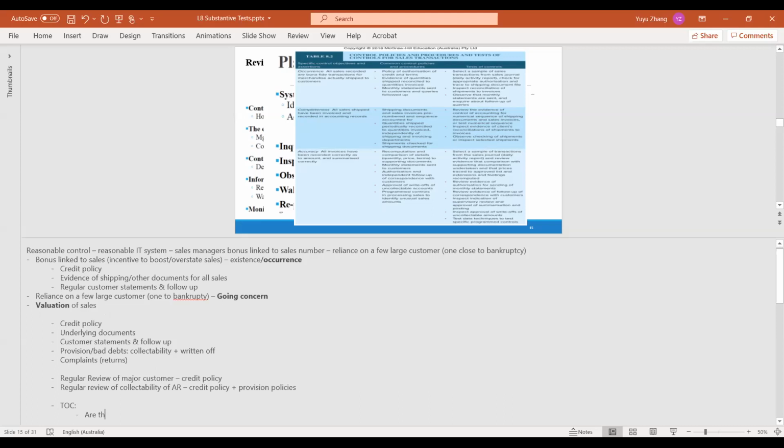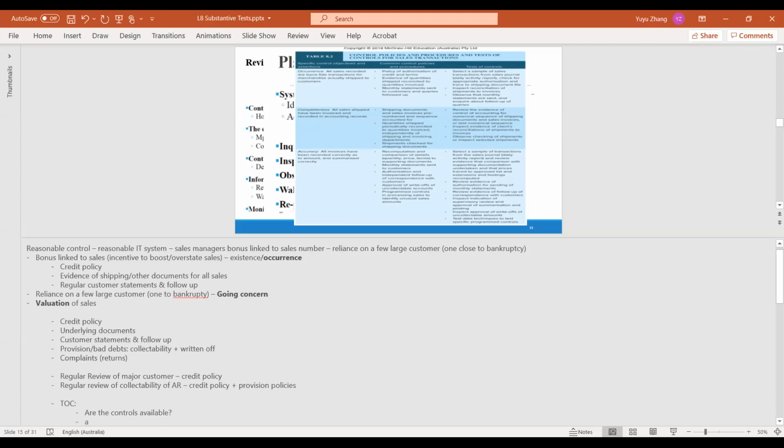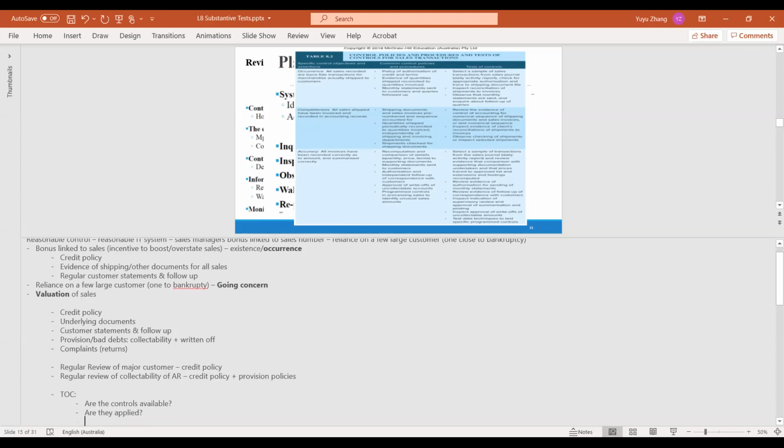Are the controls available? You check the policy. Are they applied? So you do the test. Are they effective?